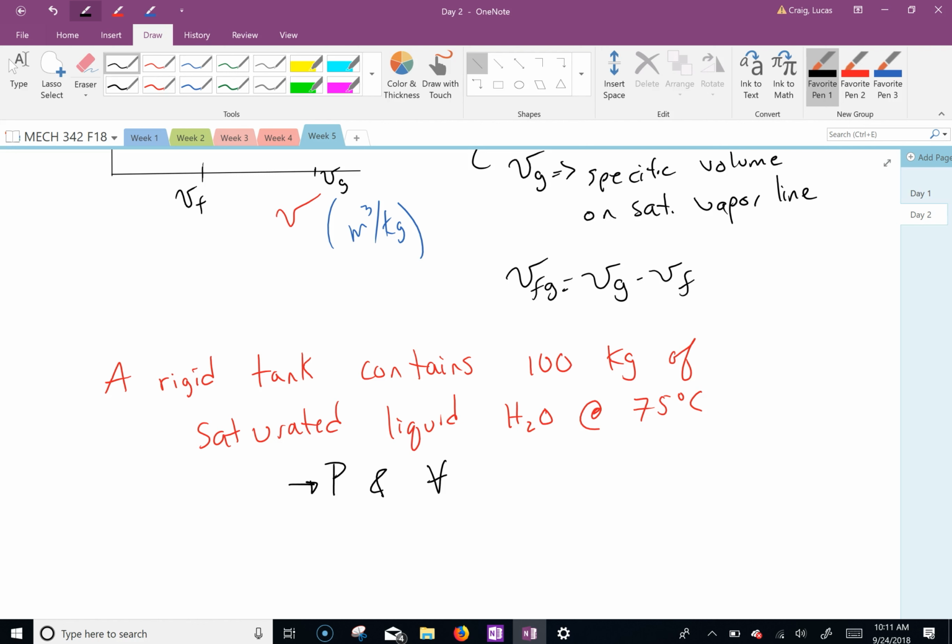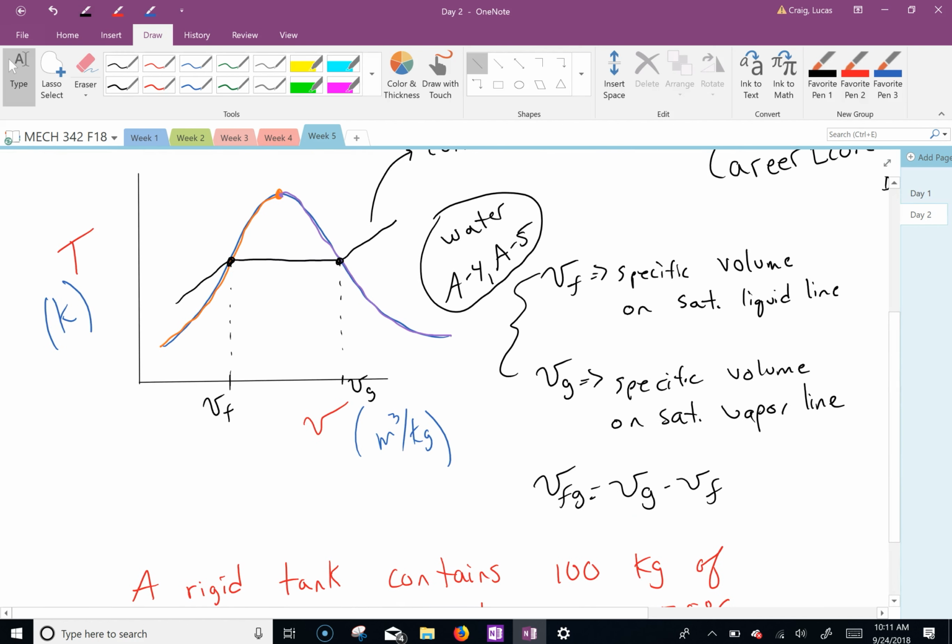And if you're on the saturated liquid line, okay, then what's the pressure? It will be constant. Yep. So we're right here, right? So the pressure and temperature from this point to the right are all called what?